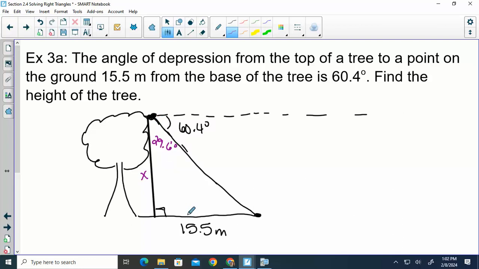So, what trig function would I use? Sine. No, tangent, you're right. Tangent of 29.6 degrees equals the opposite side, 15.5, over the adjacent side x. So then, if you multiply over x, how do we finish it?